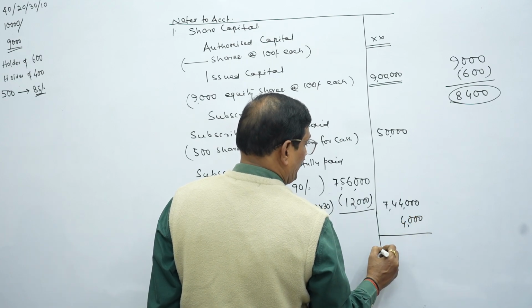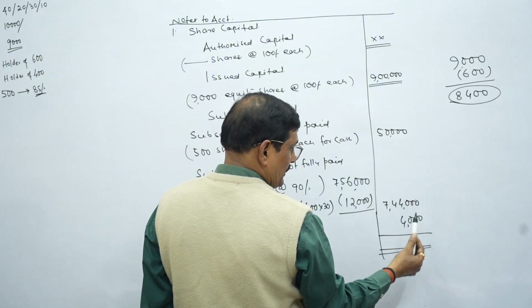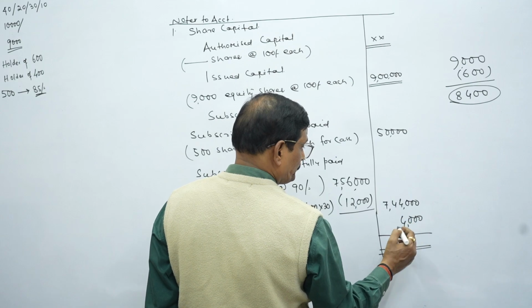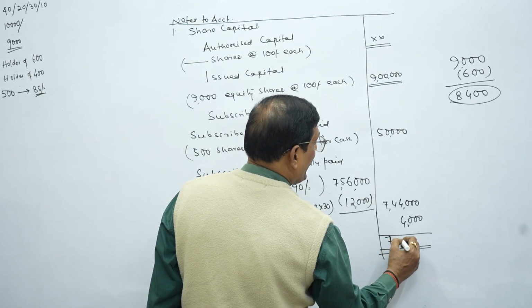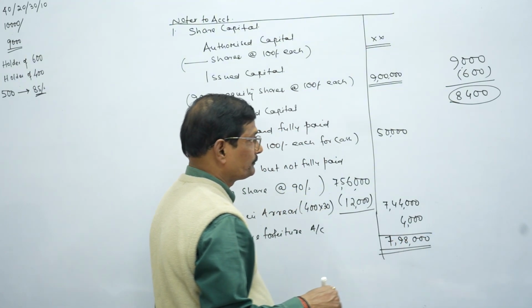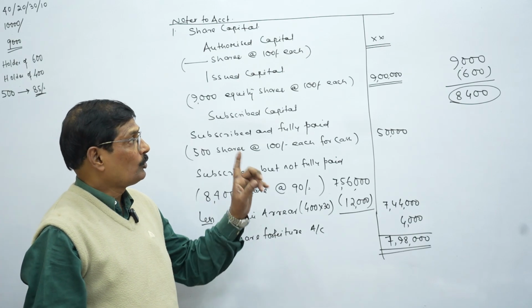So this is the share capital amount: 50,000 plus 7,44,000 plus 4,000. How much will it be? 7,98,000. Got it? Notes to accounts.